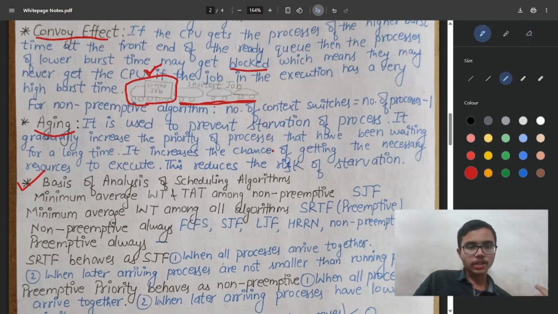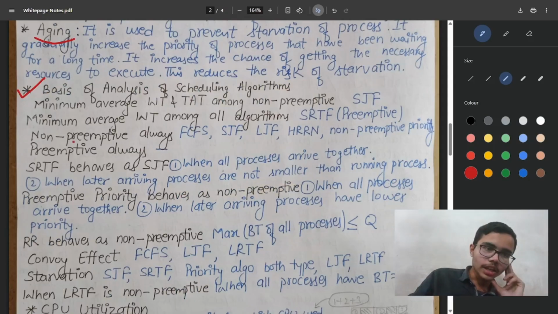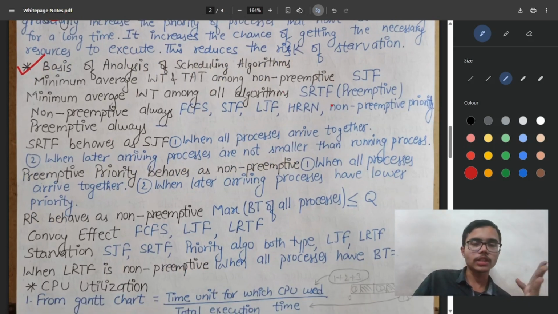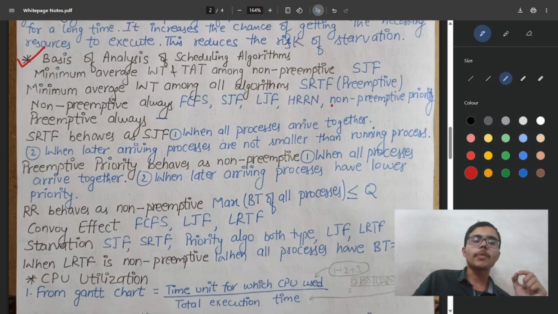Now the thing which is important, which comes in GATE PYQs, is minimum average waiting time or turnaround time among non-preemptive algorithms. Here, most of the time they ask for the minimum average waiting time or minimum turnaround time. If it talks about non-preemptive, the answer is shortest job first.